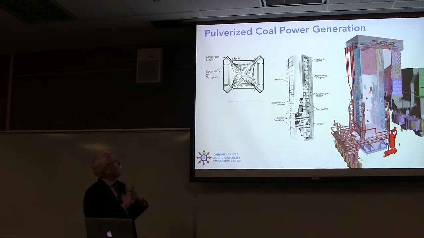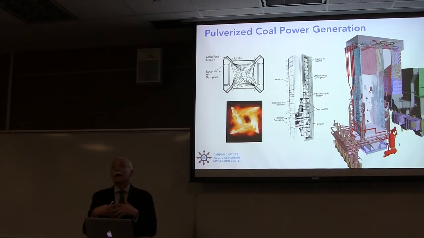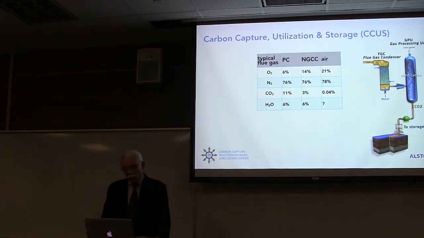And then it's fired into this fireball in the middle and burns. That heat is radiated to the water in the walls. That water is turning to steam in these superheater sections that are hanging down, and that superheated steam then goes to turn a turbine that makes the electricity that lights our lights.